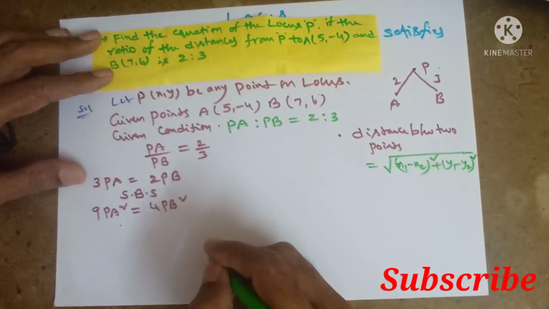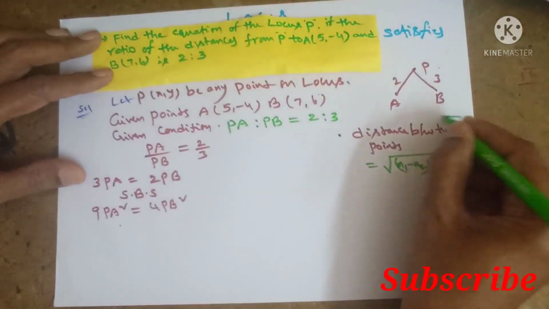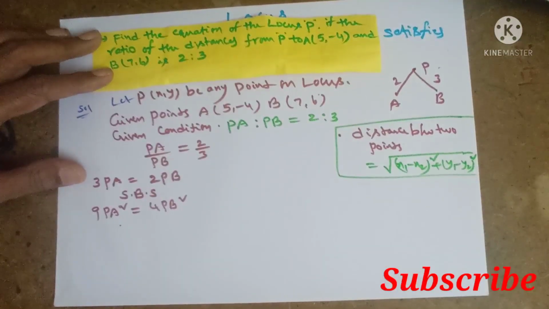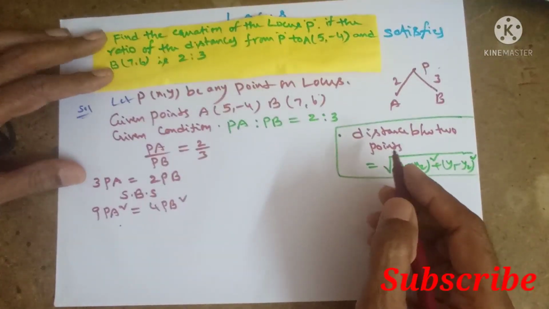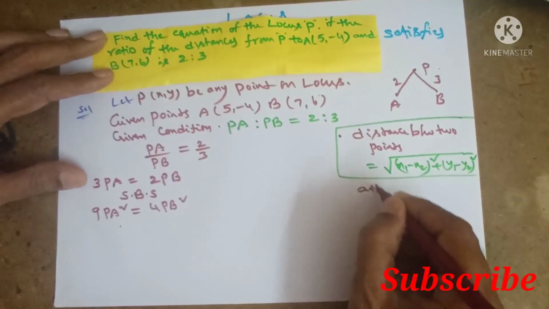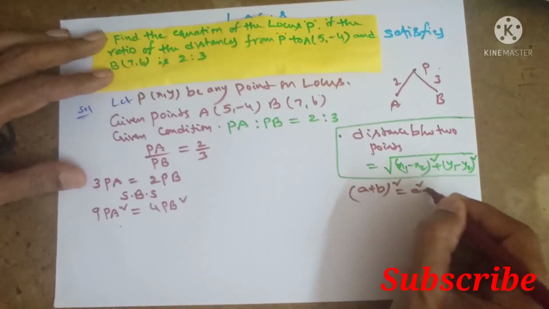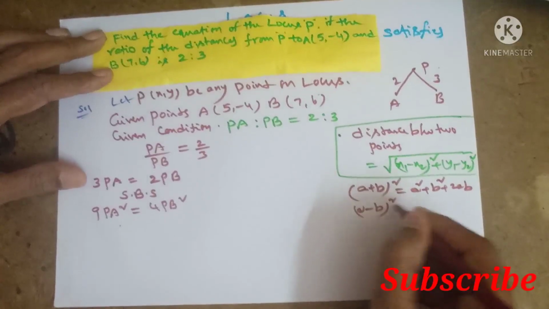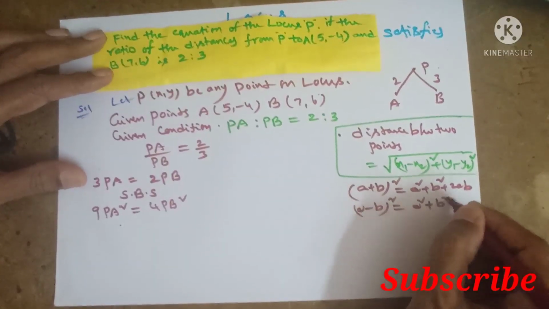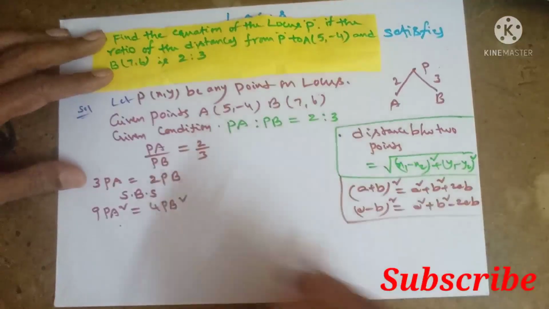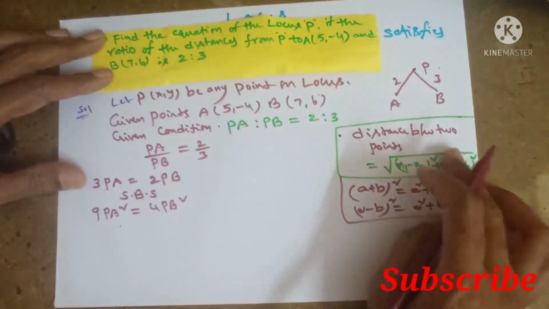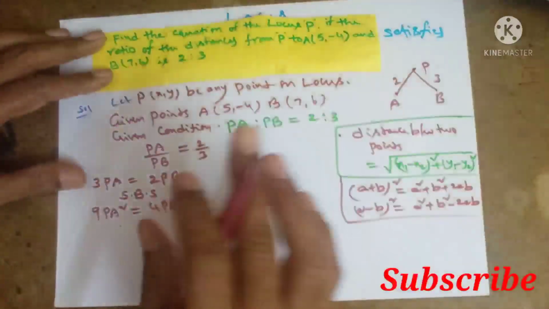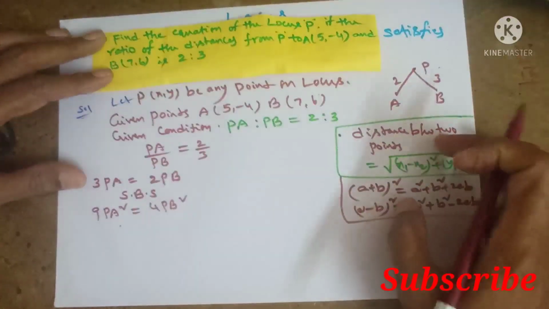This is the distance between 2 points formula. And you have to learn the very important a plus b whole square and a minus b whole square formulas also here. A plus b whole square is equal to a square plus b square plus 2ab. A minus b whole square is equal to a square plus b square minus 2ab. Without these three formulas, we cannot write even one step in the locus chapter. So very important formulas.